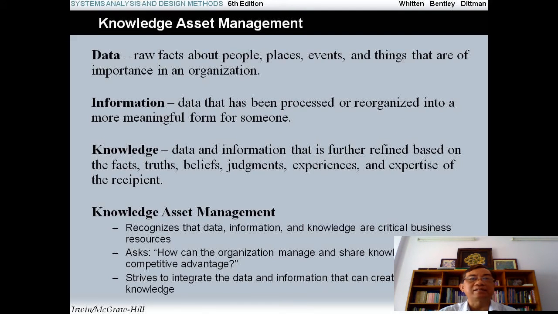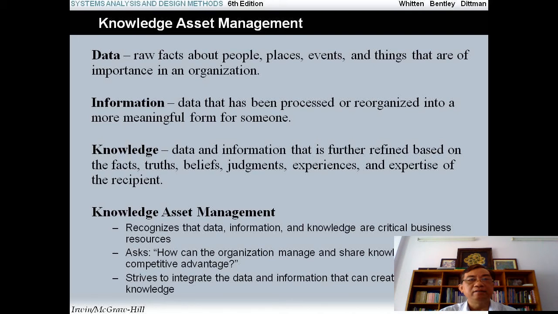And now knowledge asset management. It contains, first, data: raw facts about people, places, events, and things that are of importance in an organization. Information means data that has been processed or reorganized into a more meaningful form for someone.